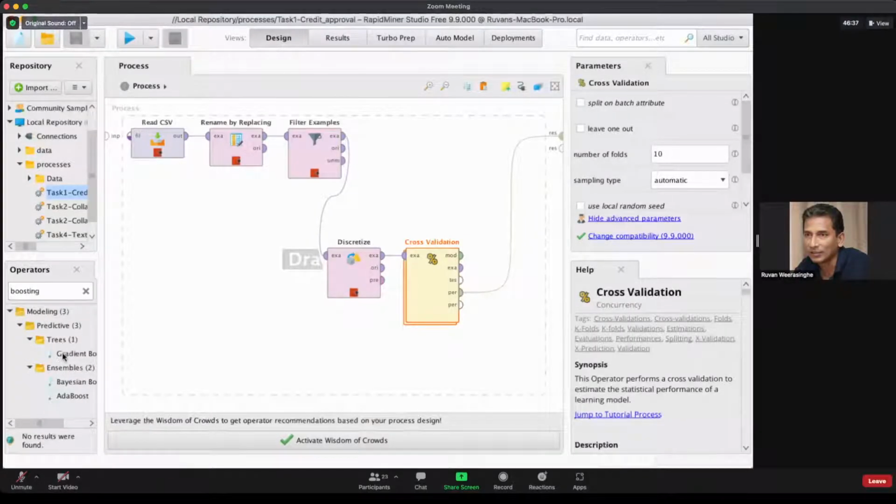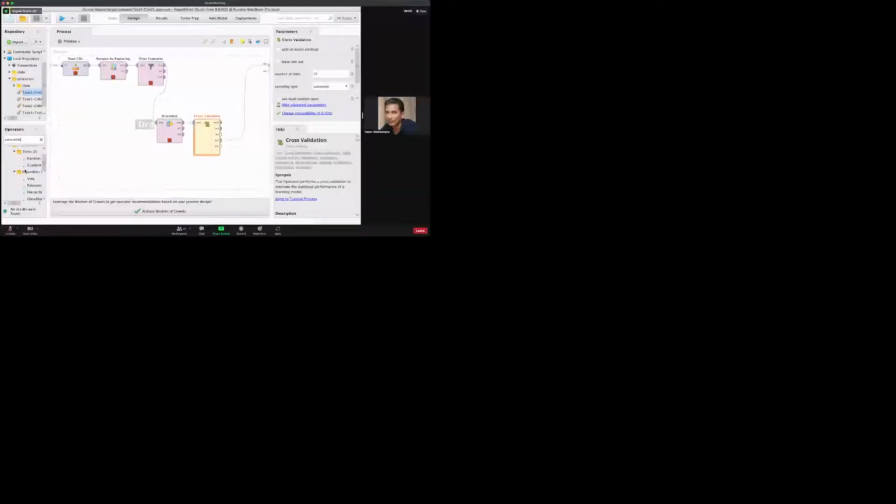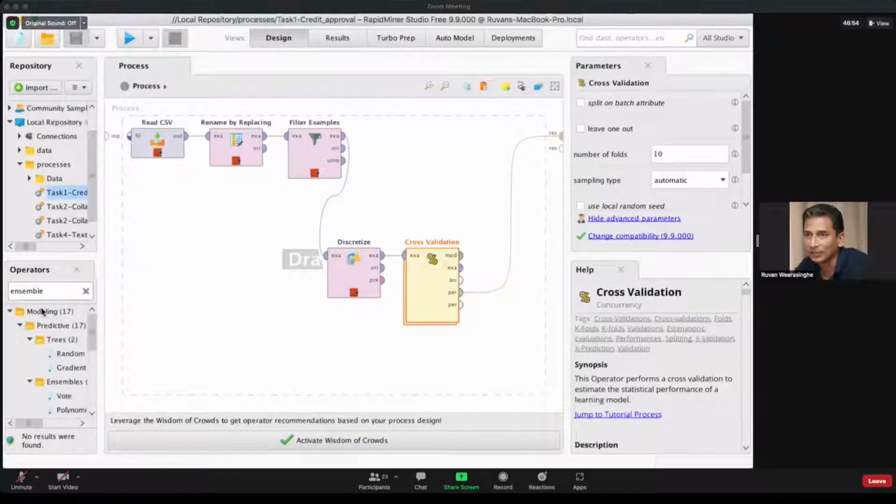So here you say gradient boosting trees, Bayesian boosting, AdaBoost, and so on. Or if you put ensemble, we have random forest, gradient boosted trees, and things like that.